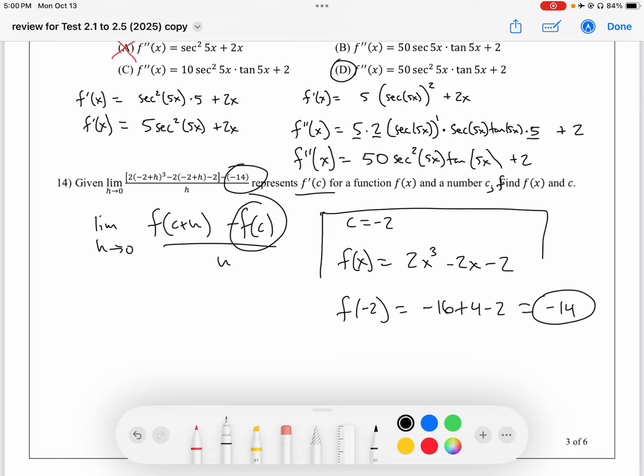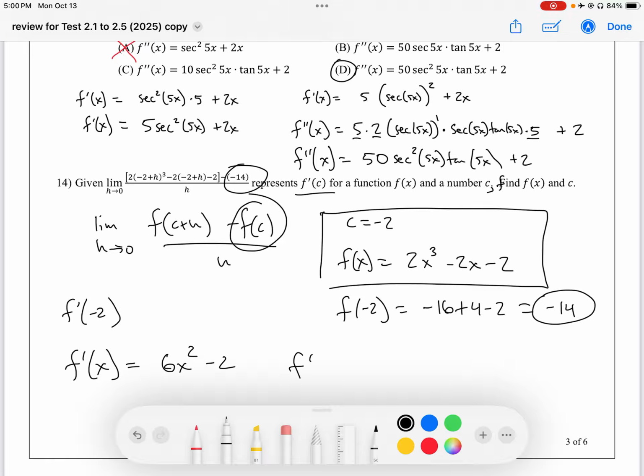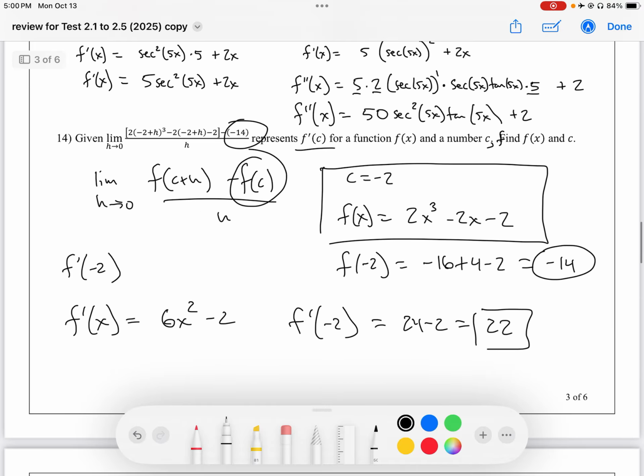So there is my function and my c value. So this limit would actually equal f prime of -2. And since f prime of x is 6x squared minus 2, f prime of -2 would equal 4 times 6, 24 minus 2, which is 22. So this limit, if we simplified it all the way down, would actually simplify to 22.